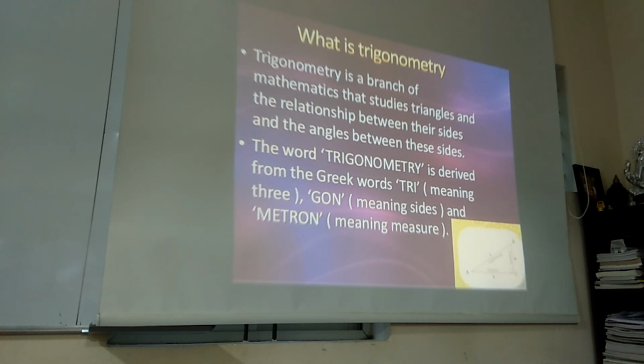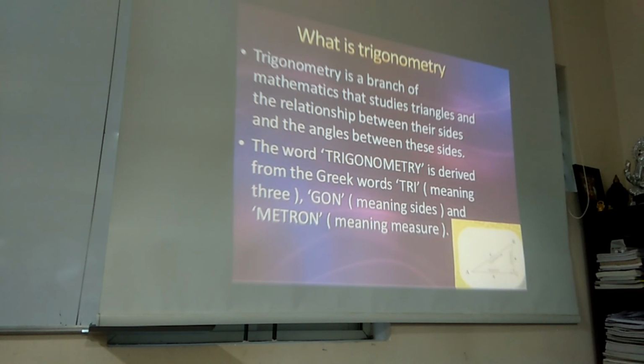It's a Greek word, and the Greek word is taken in splits and they have explained it this way. Rather, we can say trigonometry is the study of triangles which relates both the sides and the angles of a triangle. That's simple, right? Rather than splitting the word and finding out the meaning.